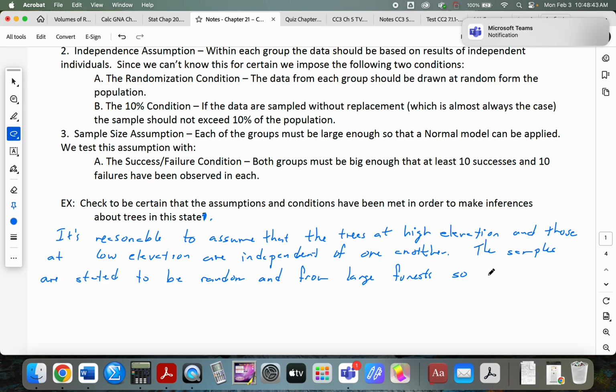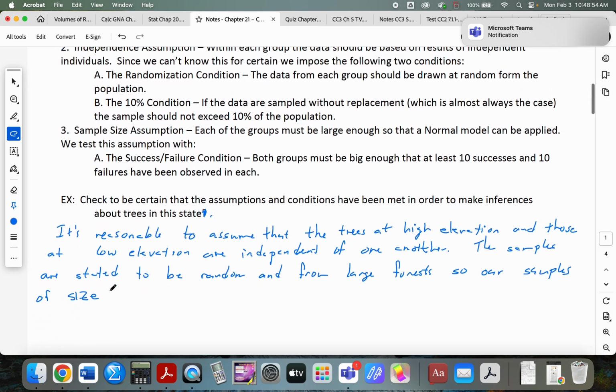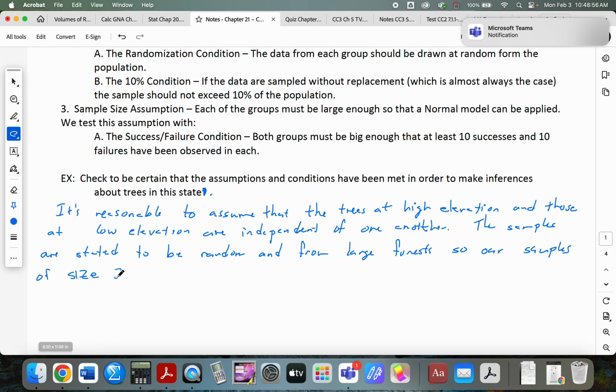So our samples of size, what were the 2 sizes? 240 and 200. Thank you. 240 and 200 are likely less than 10% of their respective forests.